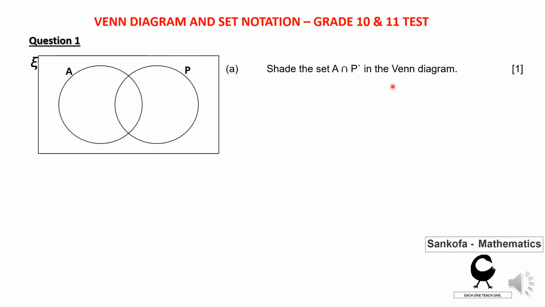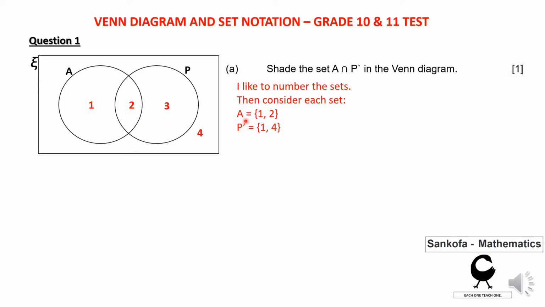So what I like to do is I like to number or put numbers in the sets like 1 here, 2 there, 3, and 4. All right, and then what I'll do is I will take everything of set A, and I know that set A's elements are 1 and 2, and what is not in set P, because that is what P complement means here.